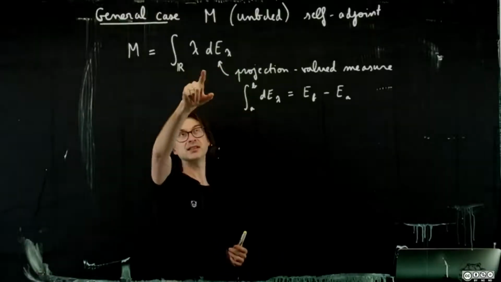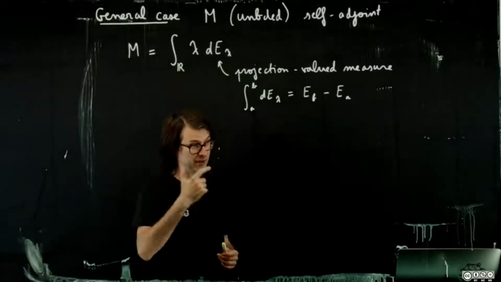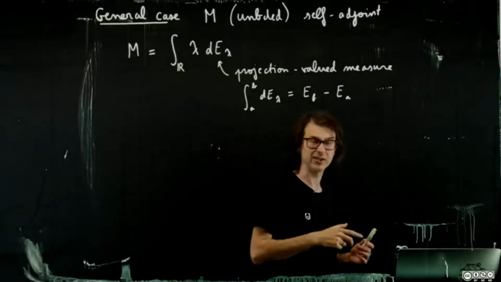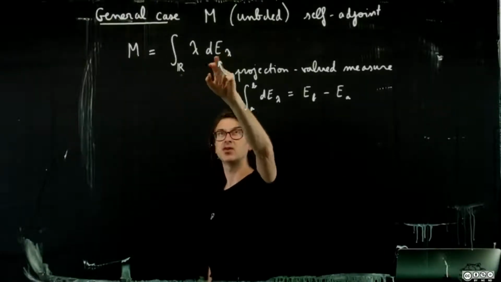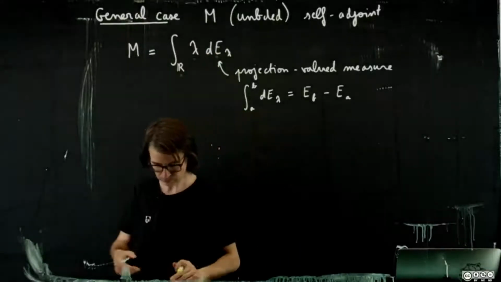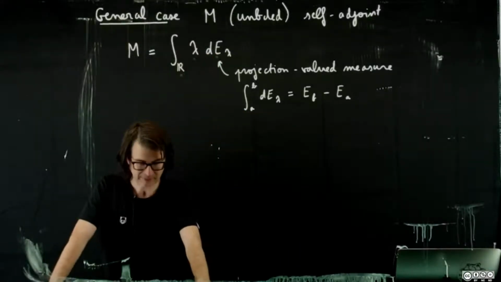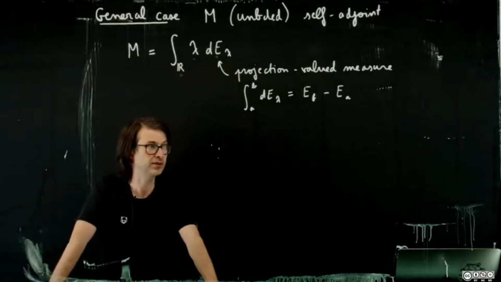Of course, I should insist that this is the analog of what we wrote earlier. So earlier, the integral was replaced by a sum, but there were always real numbers and projections. And the fact that we need an integral has to do with the possible presence of continuous spectrum.